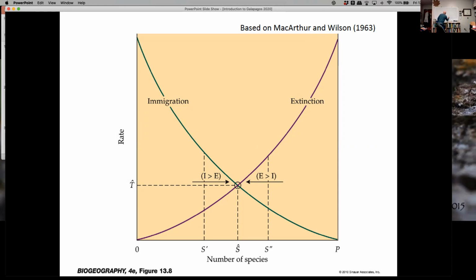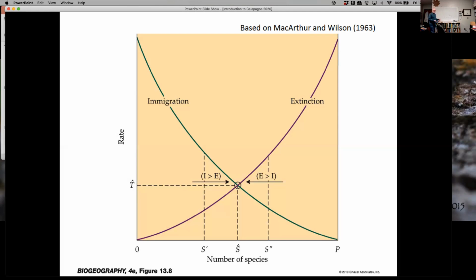And in this case, it is labeled. So you should also see that it goes from 0 to some value P, which is the number of species in the source pool that is presumably providing species to this island or this archipelago.